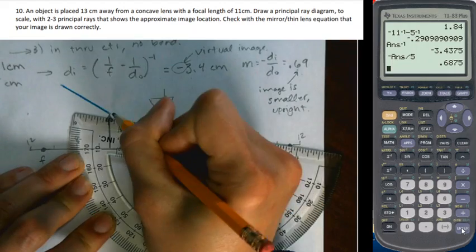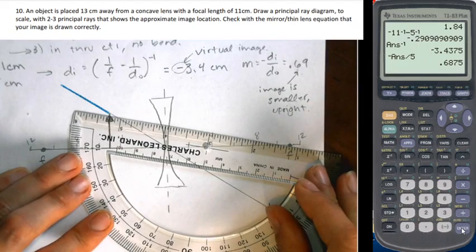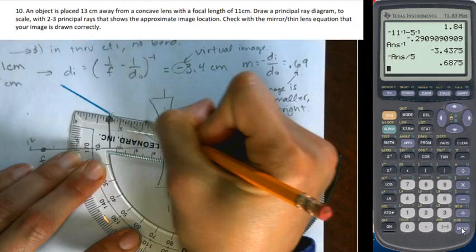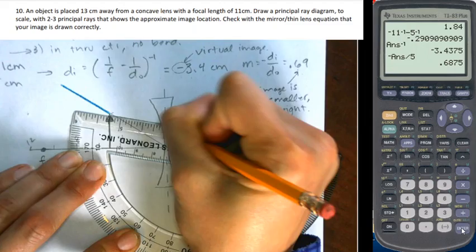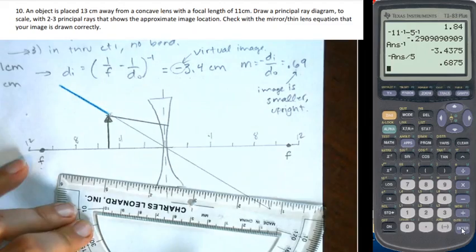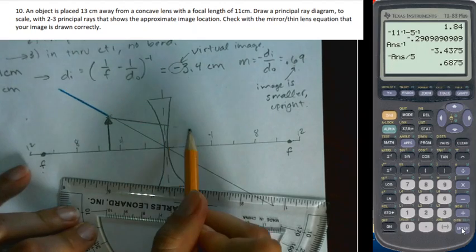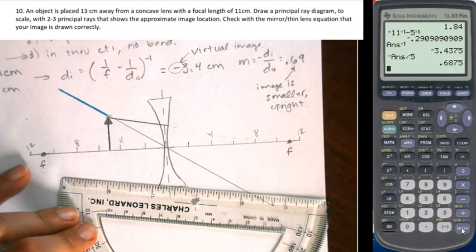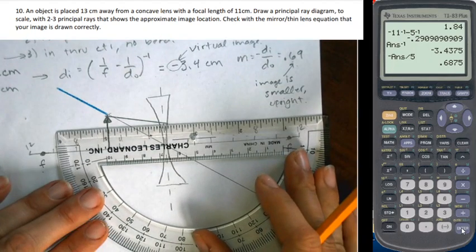So my in through F looks like this. In through F, right? So it was sort of en route to F, and now it's going to bend and go out parallel.